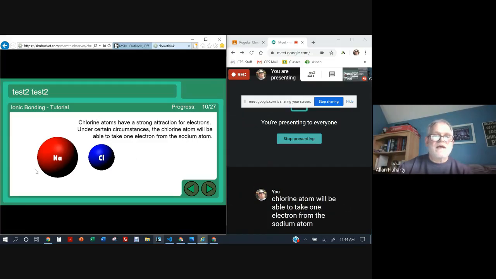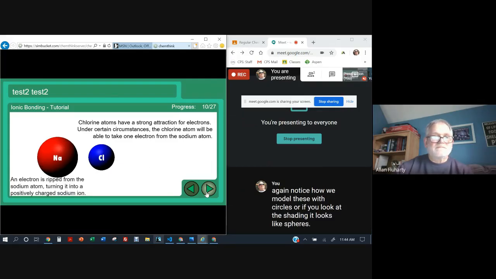And again, notice how we model these with circles, or if you look at the shading, it looks like spheres. An electron is ripped from the sodium atom, and be aware also that the sodium atom actually has 11 electrons. These electrons are at different layers. And so the electron that the chlorine takes from the sodium is on the outer layer.